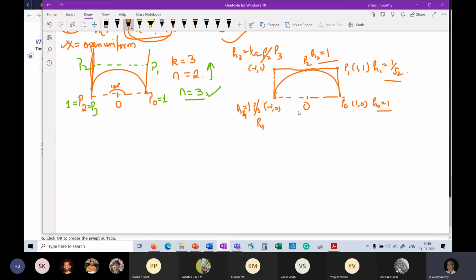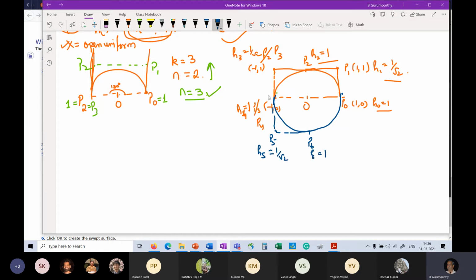Now, the nice thing about this idea is that I can extend this like this. So this is P4. So I have P5 and P6, and I'm going to write the H values below that. H5 is 1/√2, H6 is equal to 1.